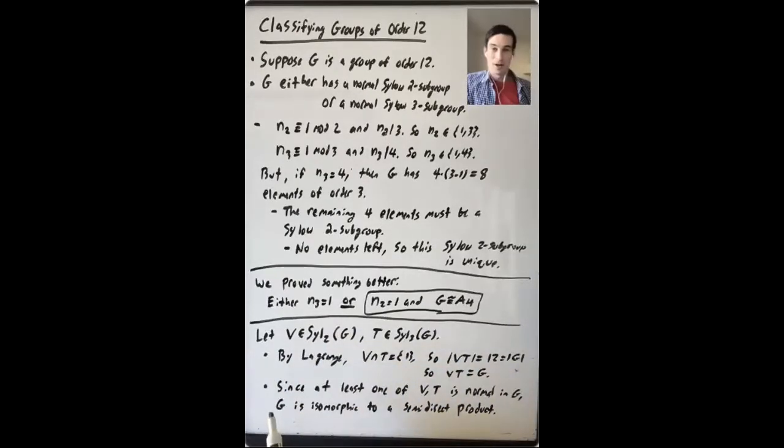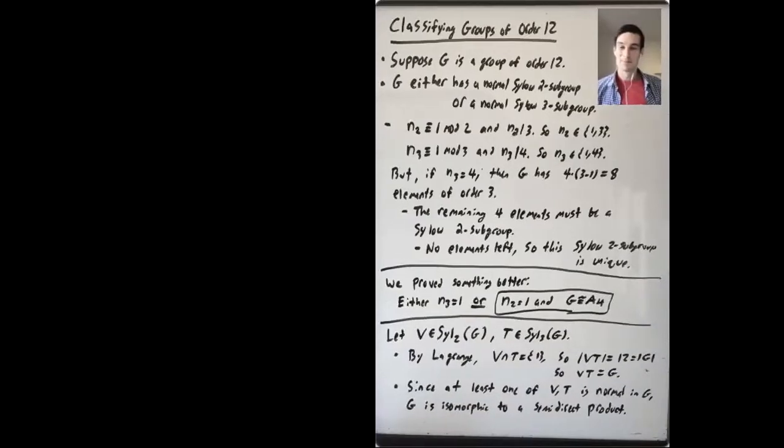V has order 4, and we know the two possibilities for V. T has order 3, so T is isomorphic to Z mod 3Z. Then we'll switch and say maybe T is normal, and then G is isomorphic to T semidirect product V with respect to some homomorphism phi from V to the automorphism group of T. I'll pause and erase and then show you how to carry out the details of this process.